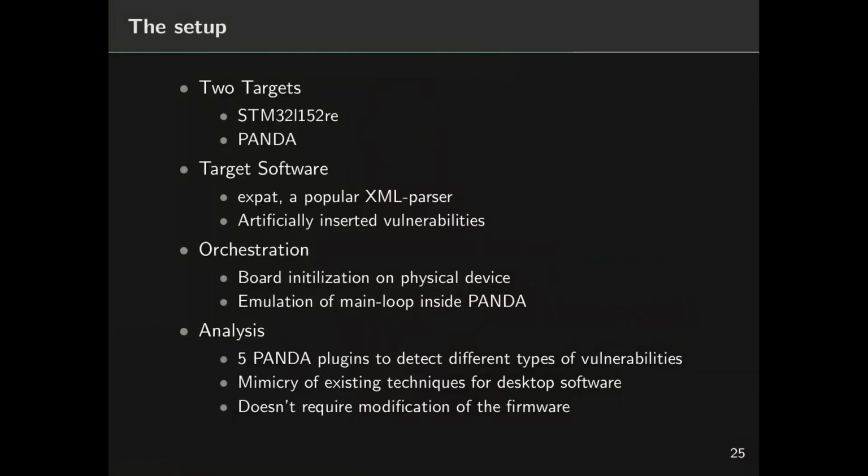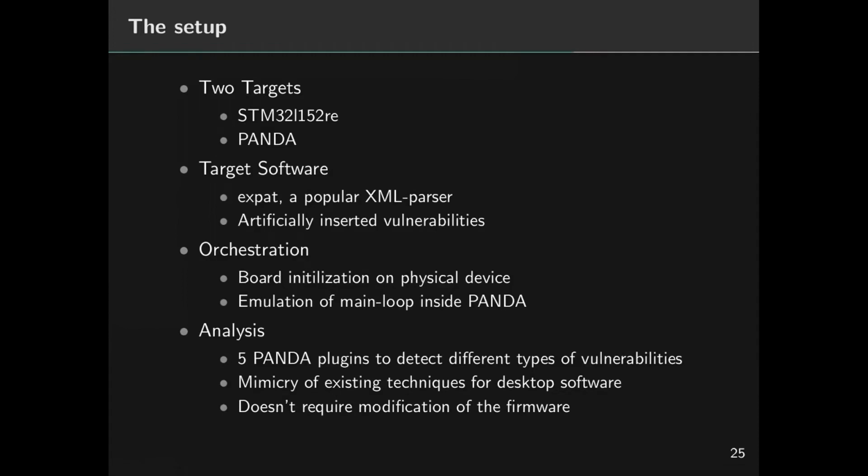So for this paper, the setup has two targets. On the one hand, an STM32L152RE development board, which we have here. It's a nice board which has nice features like directly having a JTAG interface embedded and even providing serial access to it over USB. On the other hand, the target we are using is PANDA, the reverse engineering framework.